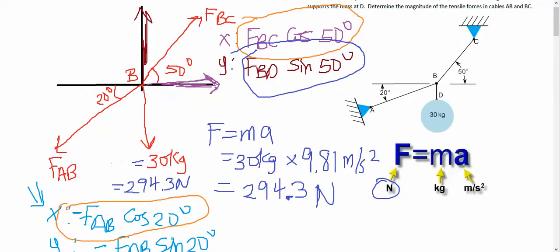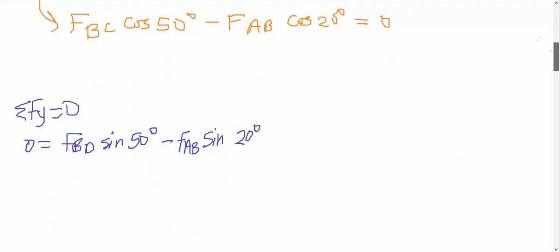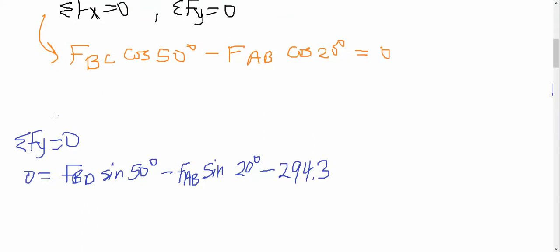And also do not forget your hanging mass force, 294.3 newtons. So we also need to include that as part of the equation: negative 294.3 newtons, and that is equal to 0. I put that on the left side. So here we have a system of equations. FBC cosine 50 degrees minus FAB cosine 20 degrees equals 0. And 0 equals FBC sine 50 degrees minus FAB sine 20 minus 294.3.